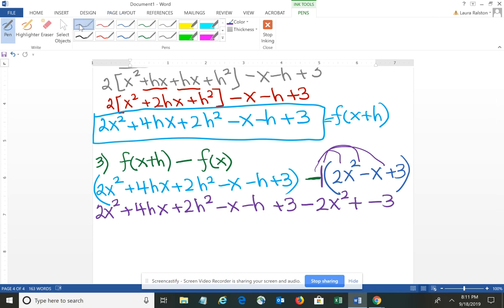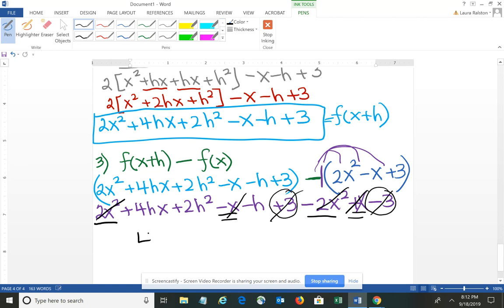And then I'm going to come back and combine like terms. 2x squared minus 2x squared zeroes out. Whoops. Sorry about that. Looks like I lost an x. Hold on. Plus x. Okay. So I have minus x and plus x, which zeroes out, and positive 3 minus 3, which also zeroes out.